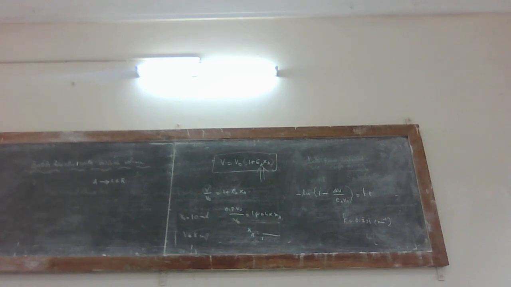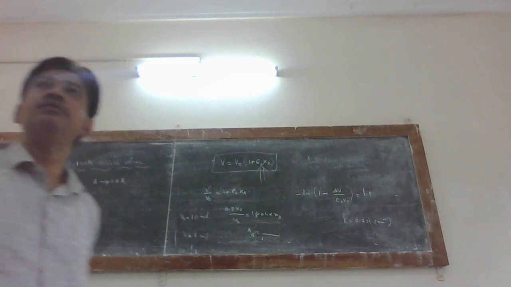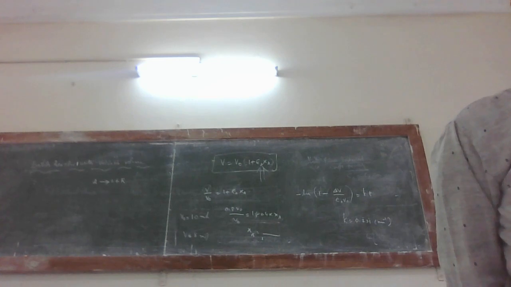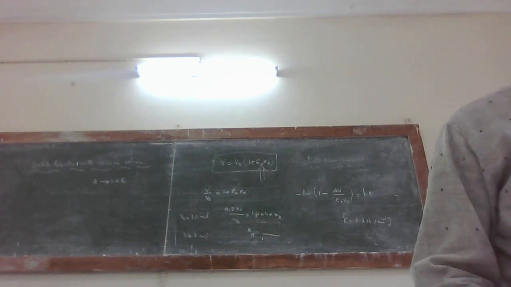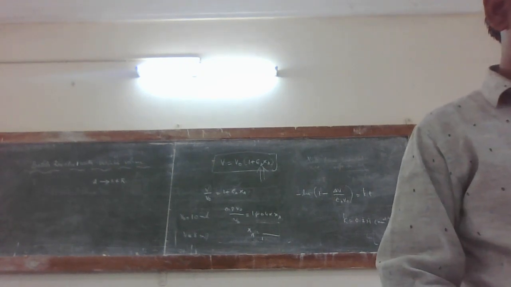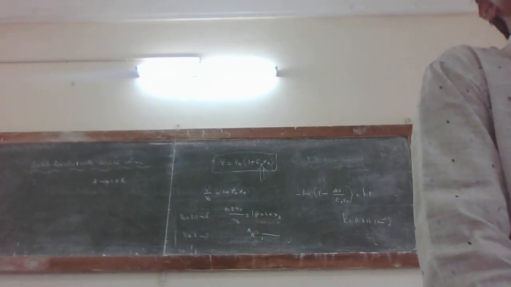Epsilon you know, t given. You get 0.447.